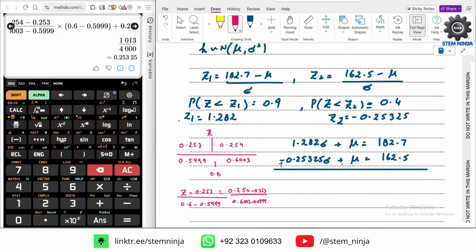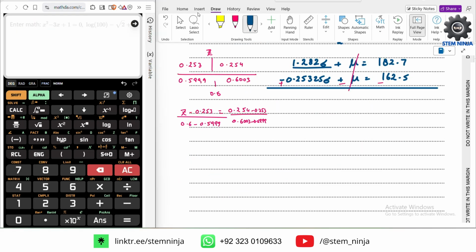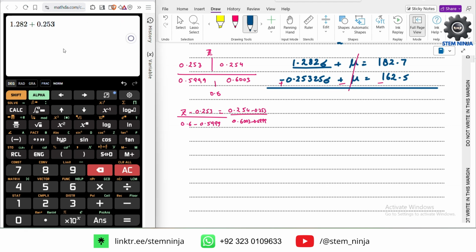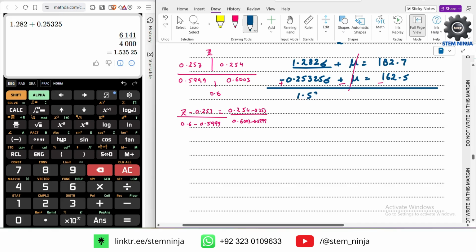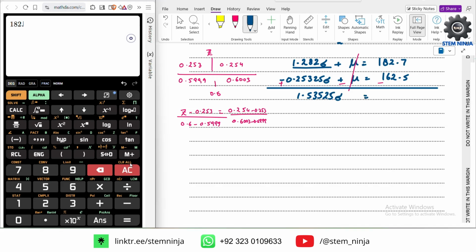So this becomes plus, this becomes minus, this becomes minus. So we add these 1.282 plus 0.25325. This is 1.53525 sigma, and this would be 182.7 minus 162.5, 20.2.